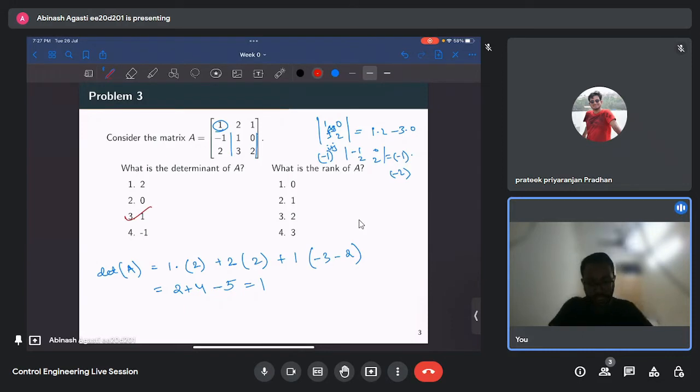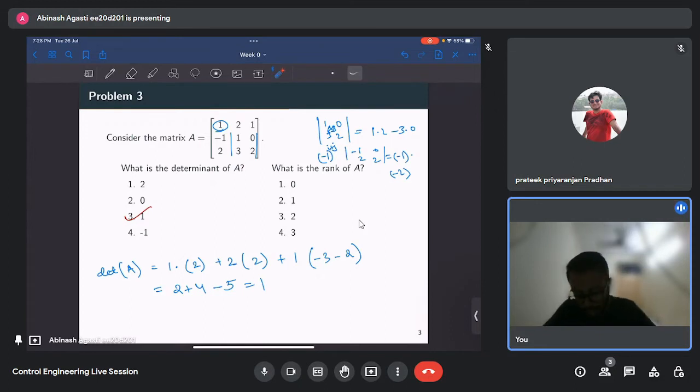Now to find the rank of the matrix, we know that the rank of a matrix is defined by how many independent columns it has. That is, whether the 3 columns of this matrix are linearly independent or not. We can clearly see that none of the columns in the matrix is a direct multiple of another.